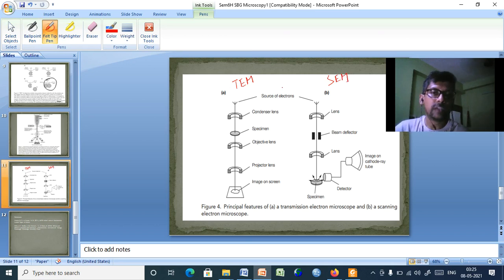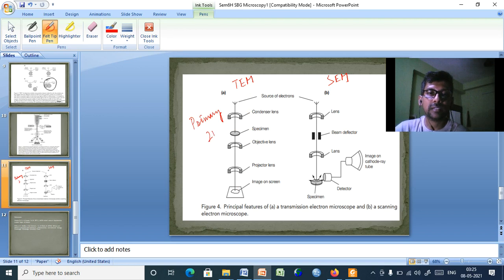Especially for TEM, or transmission electron microscope, we must have a very thin section. In this case, the electron beam passes through the specimen, and the primary electron beam forms the image.